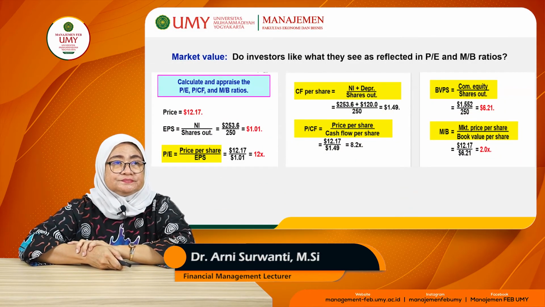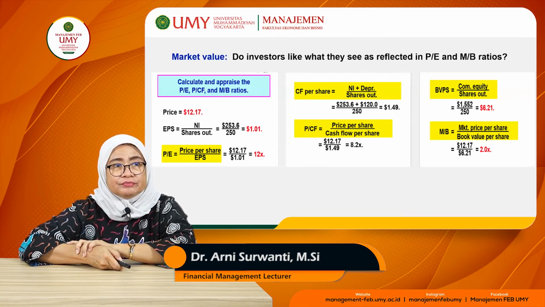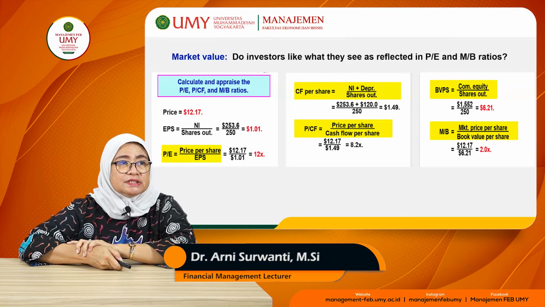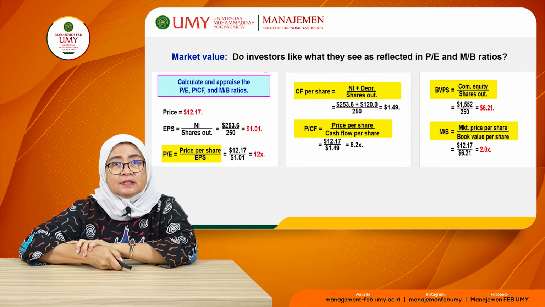Market value. Do investors like what they see, as reflected in the price earning ratio and market to book value ratio? Price to earning ratio is price per share divided by earnings per share, and earnings per share is net income divided by shares outstanding.